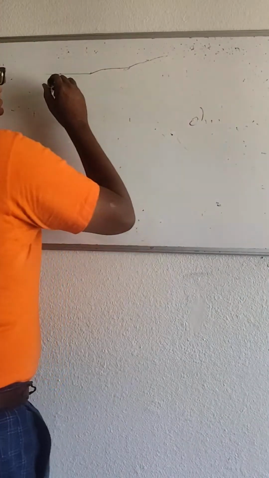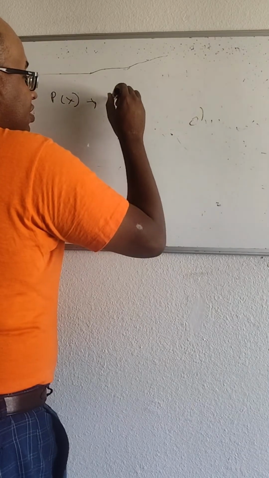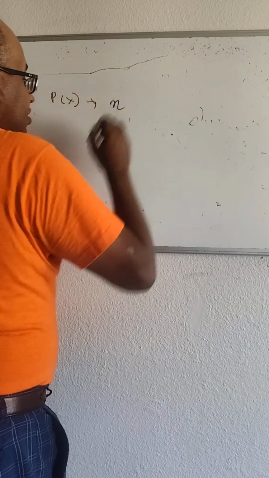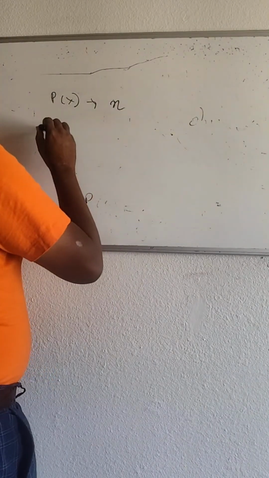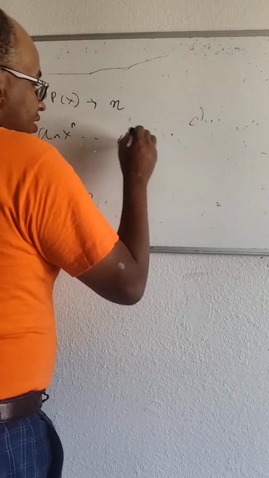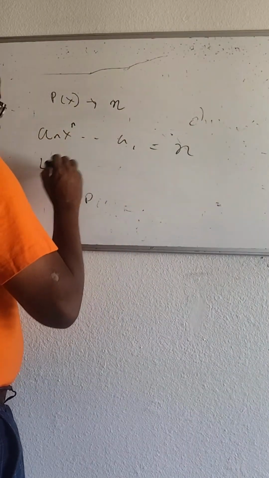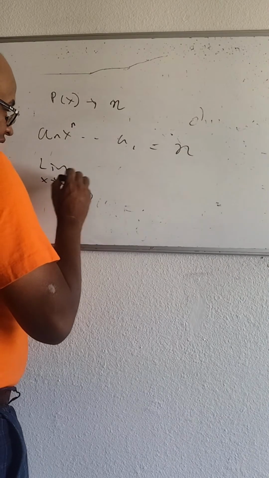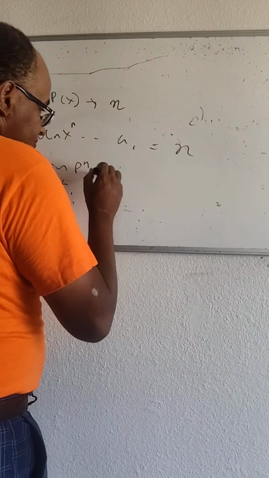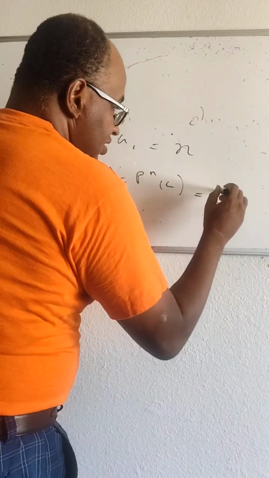So just a little bit of a synopsis. If we allow a polynomial of any type, it's going to approach a real number. So we'll call this some number n. So I have a_m x^m, up to a sub naught, it's going to give us some number n. So it's going to approach that number n. So the limit as x approaches some number a of P(x) equals P(a), which gives you some number, right?